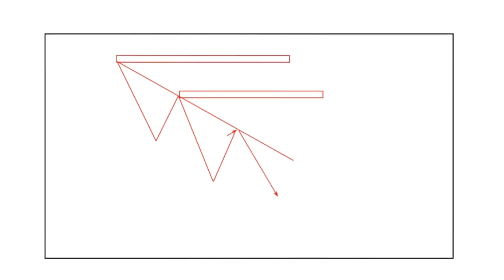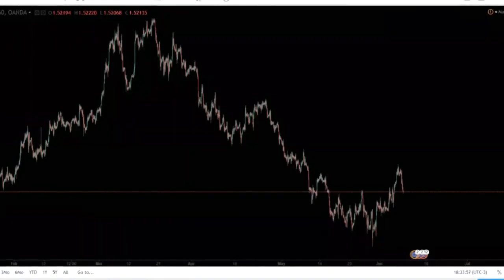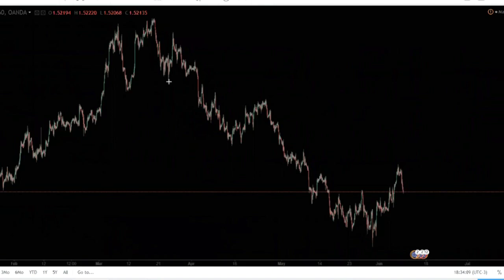But now let's see how it works in the real market, and on charts. Okay, let's look at the real-time market support and resistance. So what happens is that the price comes from impulses down, corrects upwards, impulses down, corrects upwards, impulses down.